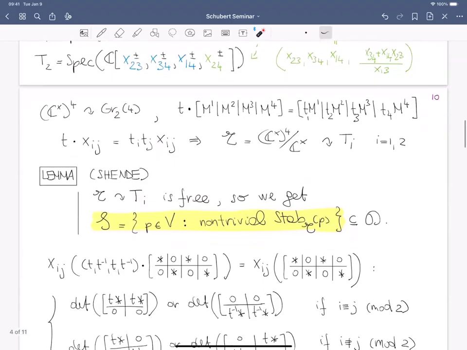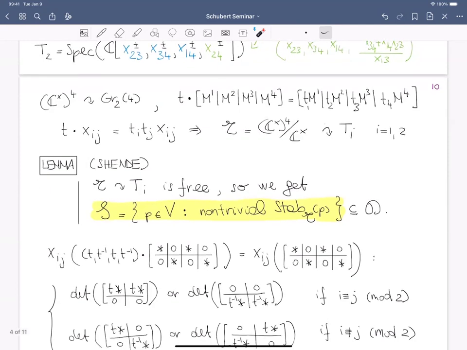Now, there is an observation due to Vivek Shende, and the observation is that in examples like these and more general examples called positroid varieties, and even more general examples that we'll describe later, this action on the charts is actually free.